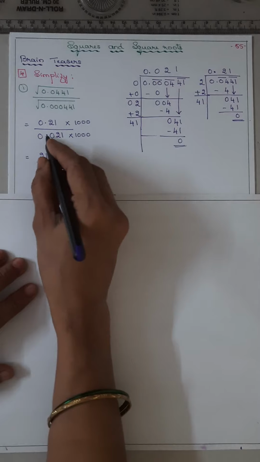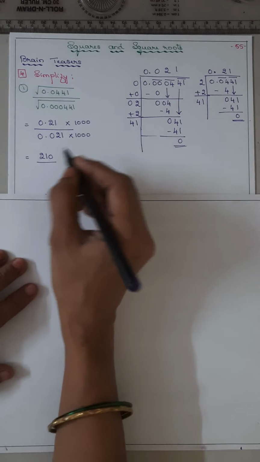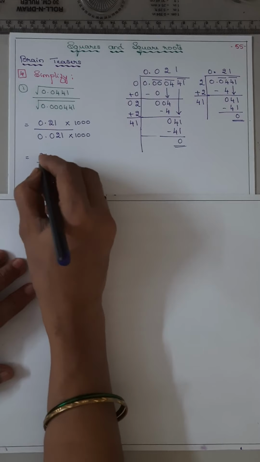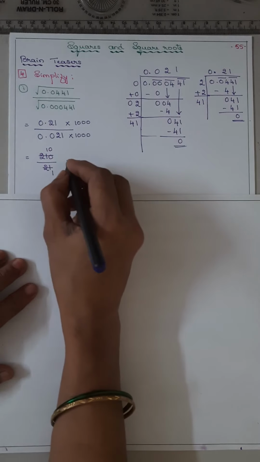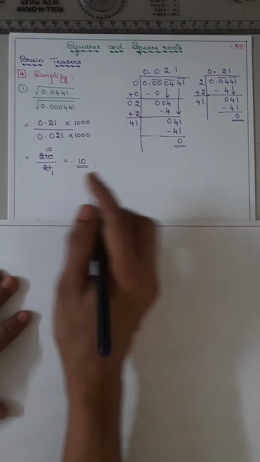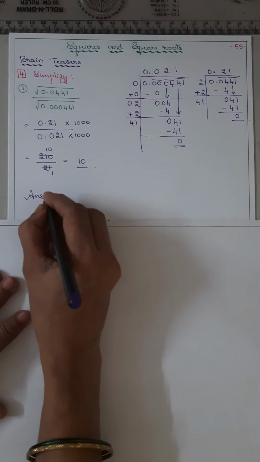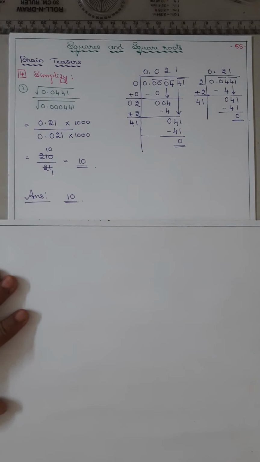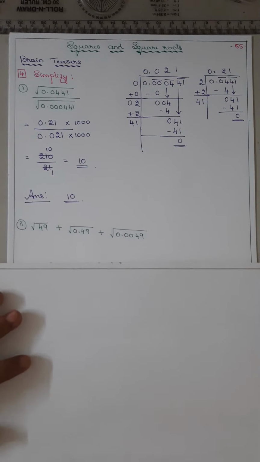And in the denominator, when the decimal moves to the right, it will be only 21. Now 21 ones are 21, 21 tens are 210. So the answer is 10. Is it clear? So find out the square root and then simplify.